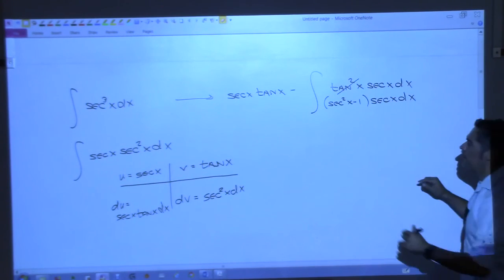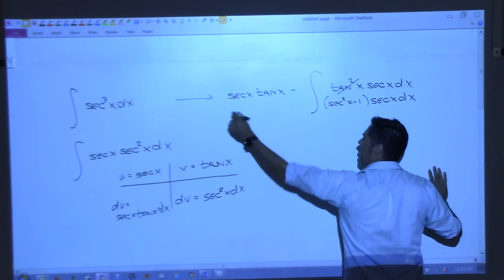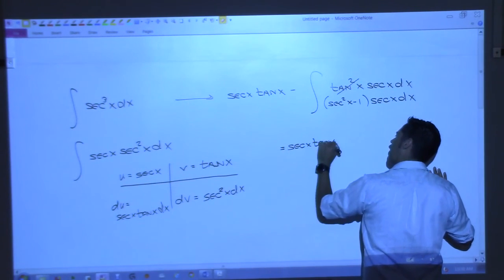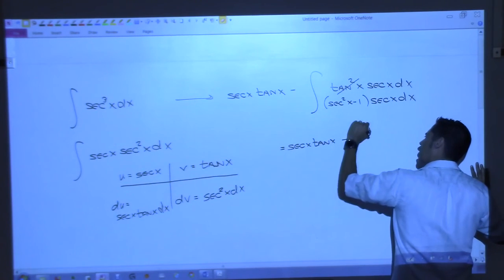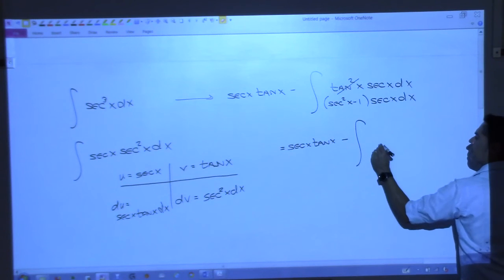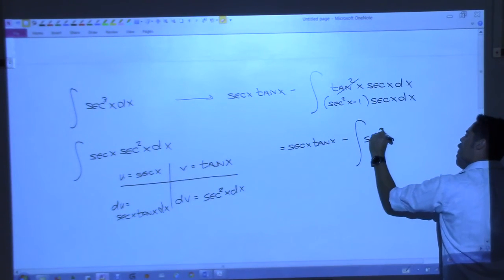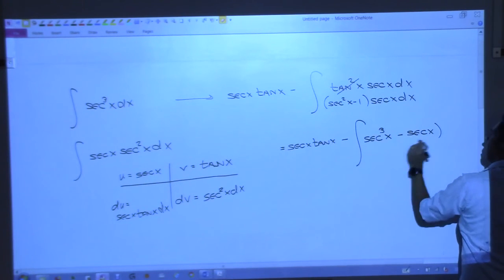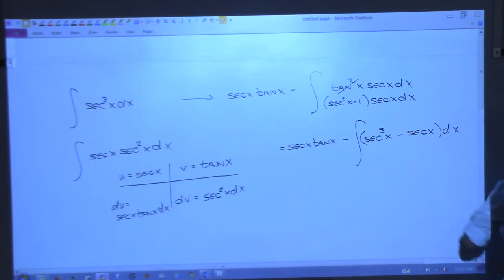That's the Pythagorean identity. So what we have is that the integral over there is equal to secant x tangent x minus the integral of what? Go ahead and distribute this through. Secant cubed x minus secant x, dx. Anybody see it?